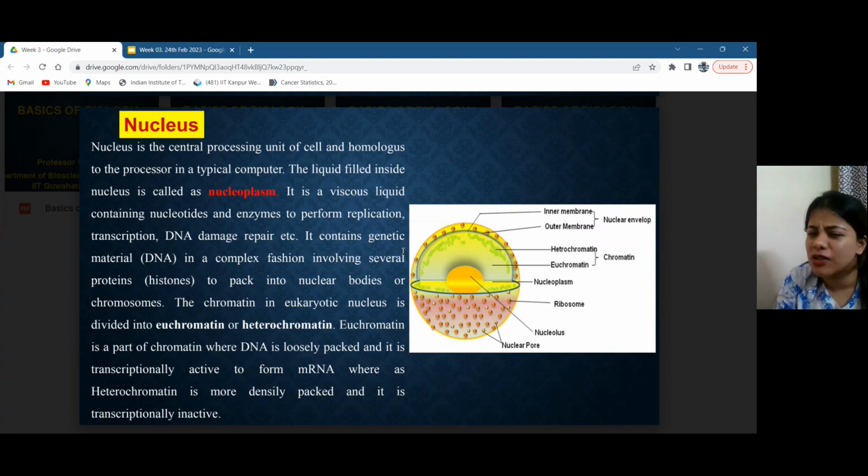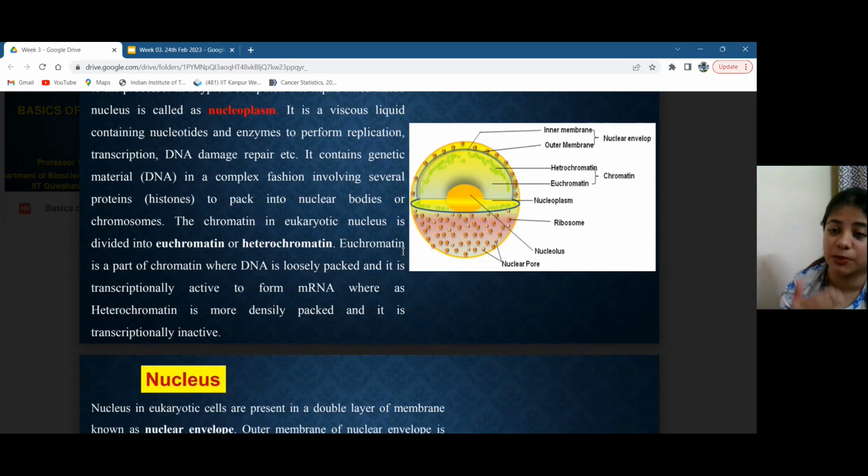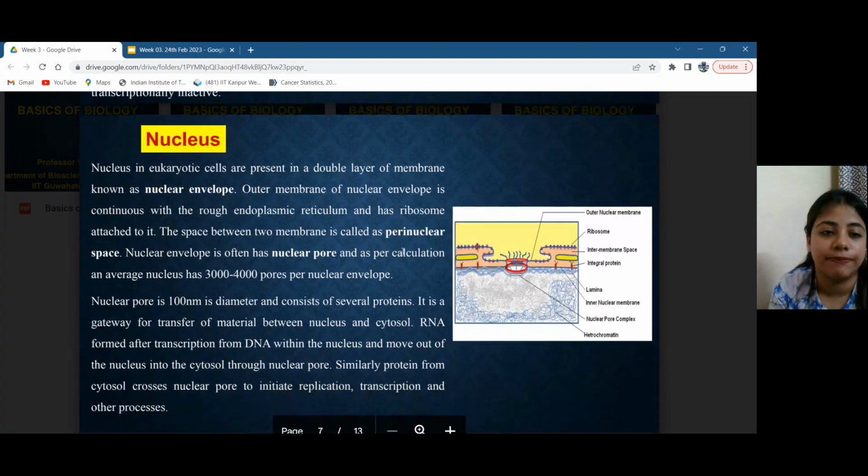Its major function is that it has all of the enzymes and the nucleotides necessary for replication, transcription, DNA damage repair, etc. It shows the condensation of the genetic material into nuclear bodies or chromosomes, and the chromatin can be divided into euchromatin and heterochromatin, and it's actually responsible for controlling which regions of the genome would be expressed at one particular moment and which would not. So that's the distinction.